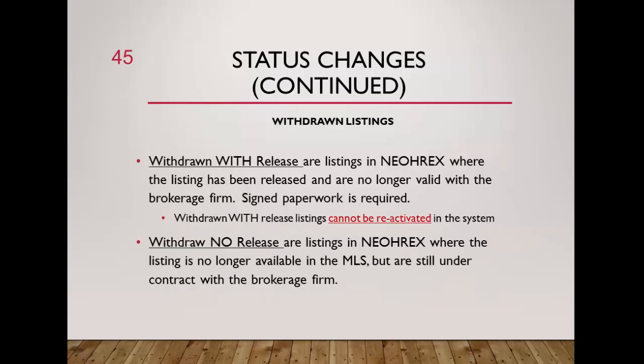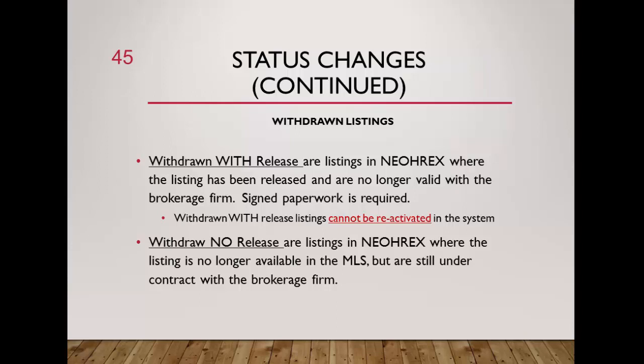Withdrawn statuses are available in two ways. First, withdrawn with release. If your seller and you agree that you will mutually release each other of the listing agreement, you will need to get signed paperwork. This is something provided by your broker. Yes-MLS does not have a mutual release available.